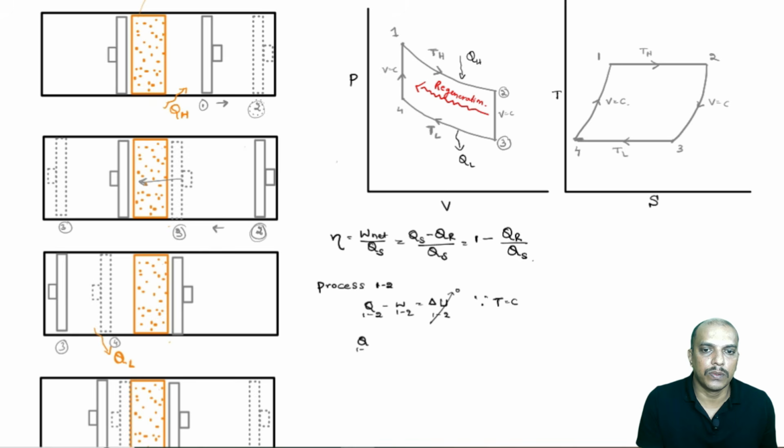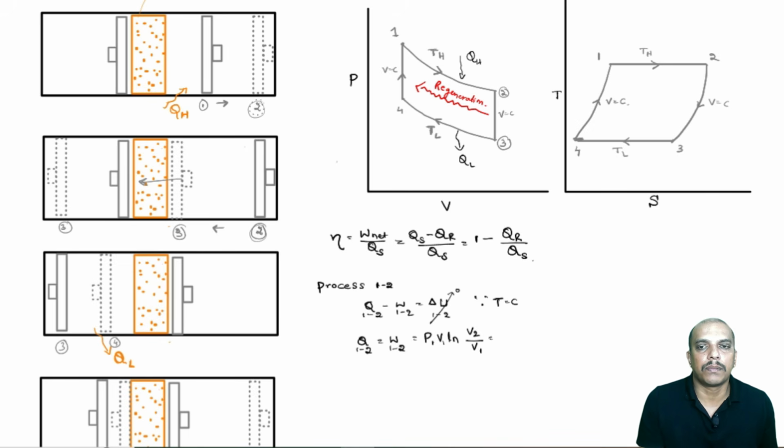So, Q1 to 2 is equal to W1 to 2. Now, what is the work transfer equation for a constant temperature process? P1 V1 ln of V2 by V1, that is P1 V1 ln of V final by V initial.